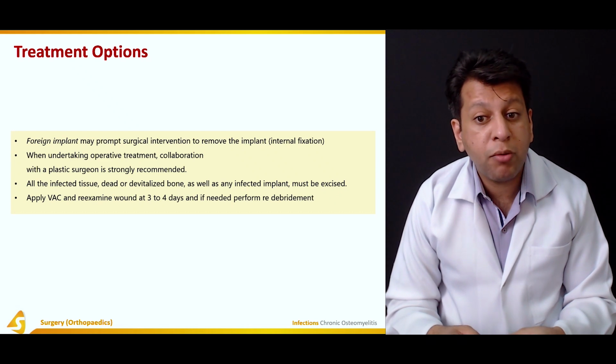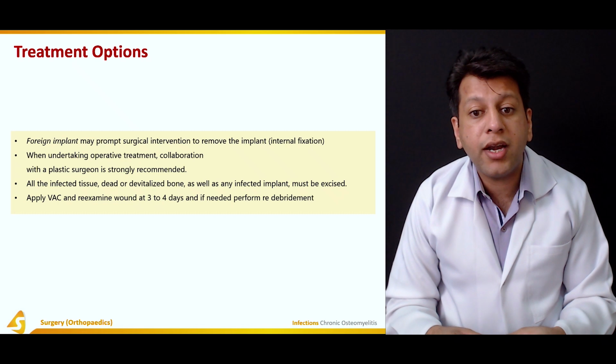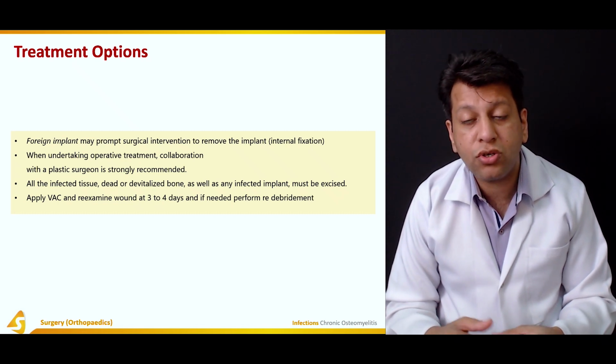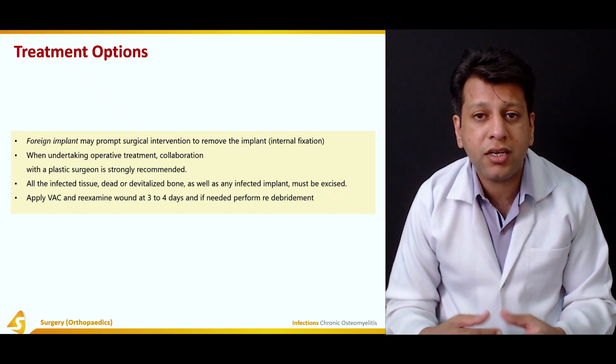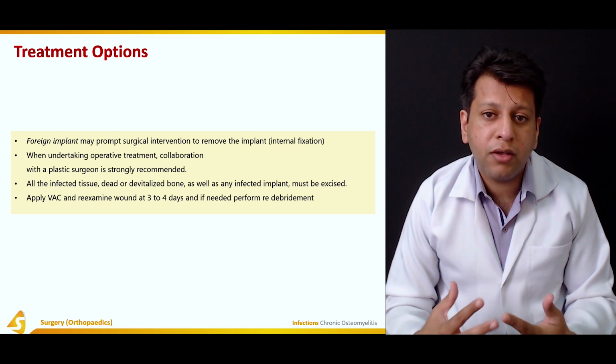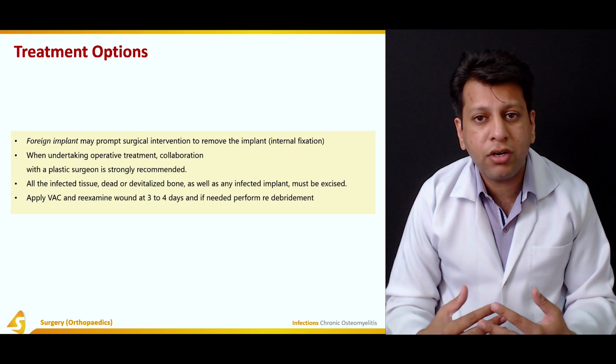A foreign implant may prompt surgical intervention to remove the implant and the fixation. When undertaking operative treatment, collaboration with the plastic surgeon is strongly recommended. Now, why do we say that? At times, there was an open wound initially. A patient got a nail or a plate, and later on it got infected.